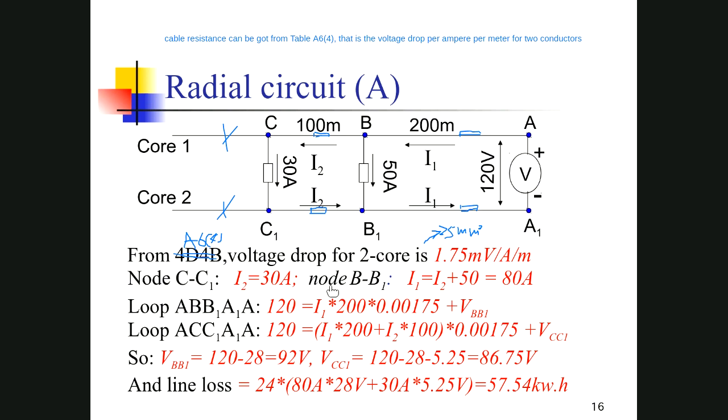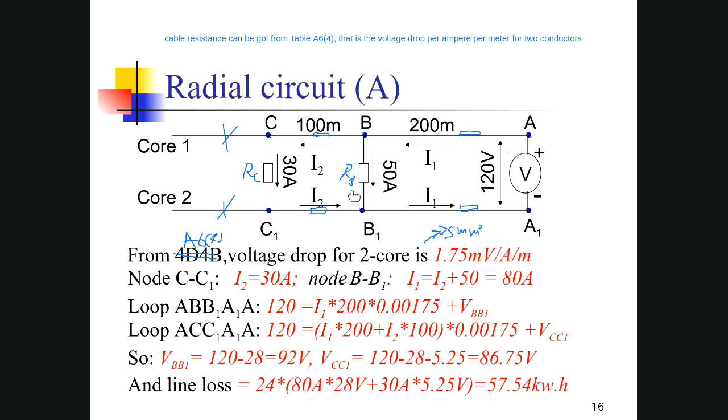Now load B, here. The current across load B is 50 amperes. So the resistance can be estimated; maybe you can use a resistance. This is R1, then RC and RB, which you can estimate later on.